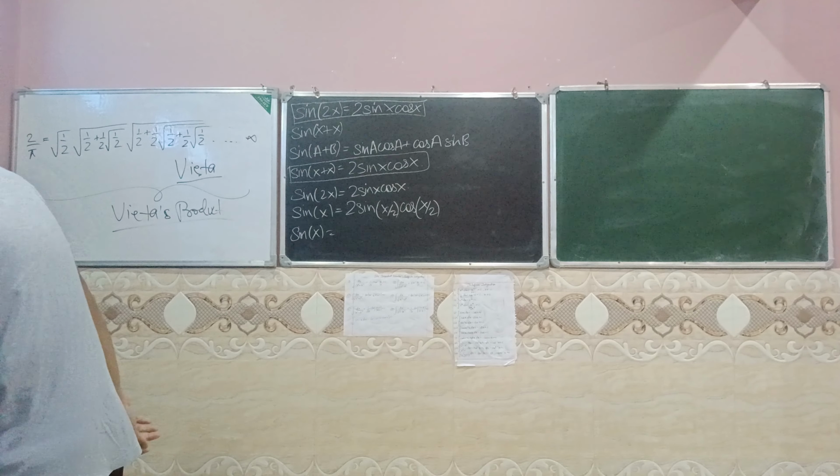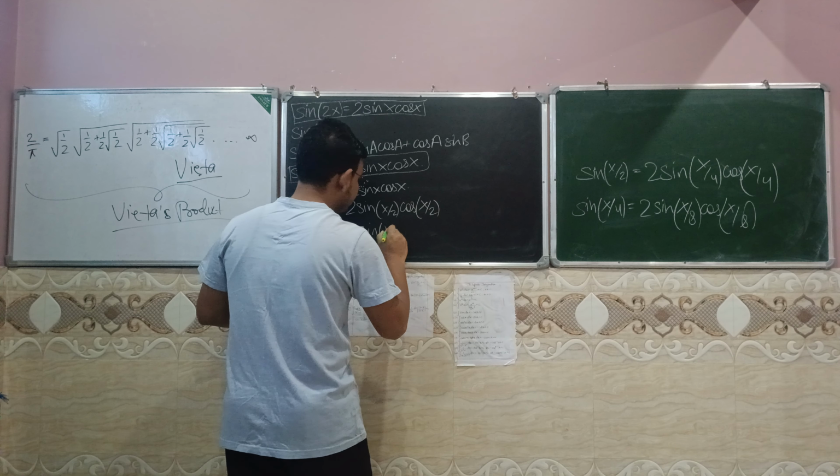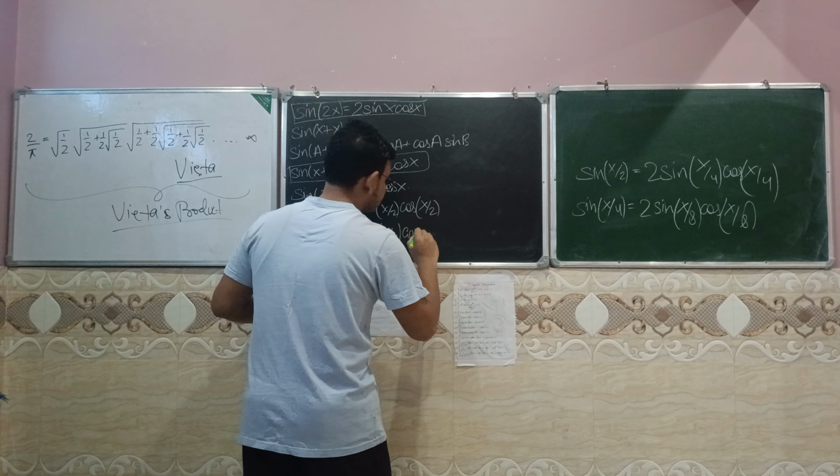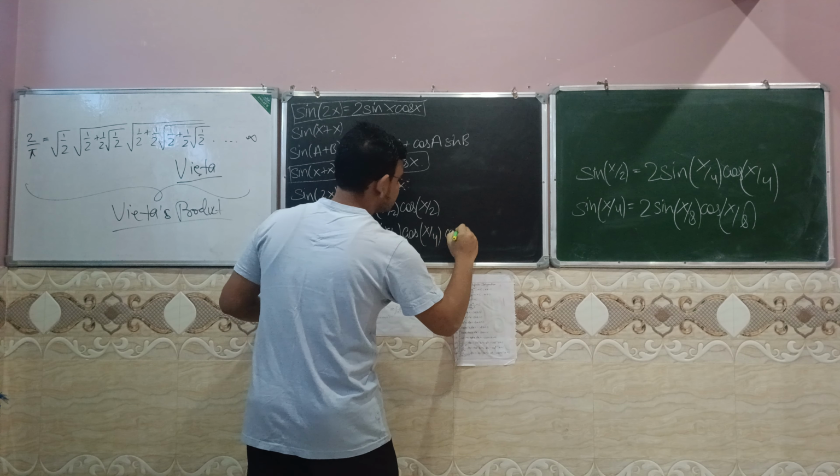In the place of sine of x over 2, I'm going to write the first formula that I have just evaluated. So that's 2 times 2, and then sine of x over 4 cosine of x over 4, and then cosine of x over 2 was here.